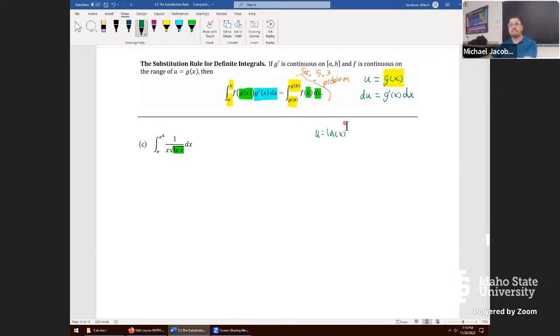The immediate next step we take is to form a differential. But just because there are a lot of steps on this, let's put down a sequence of steps. Step 1, we would do a substitution. Step 2, we calculate its differential. It'll be du equals... Now here, we're taking the derivative of natural log x.